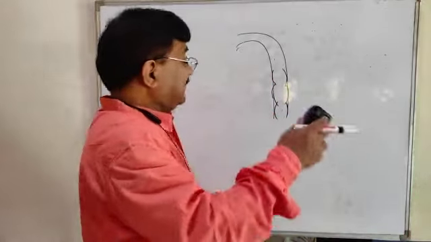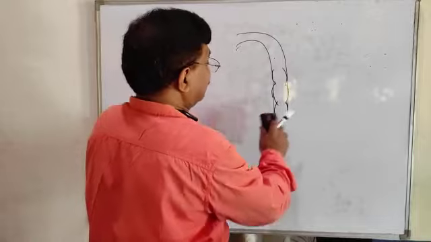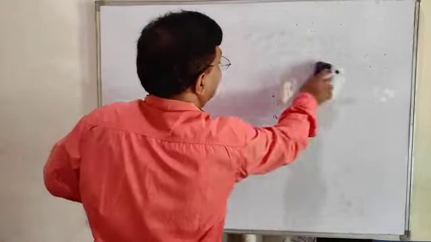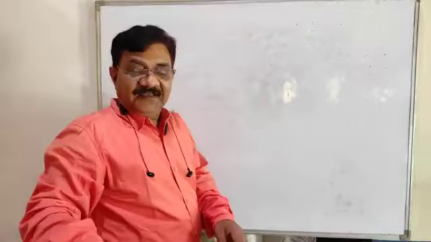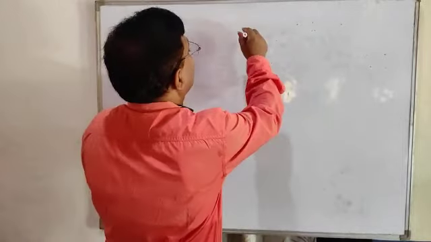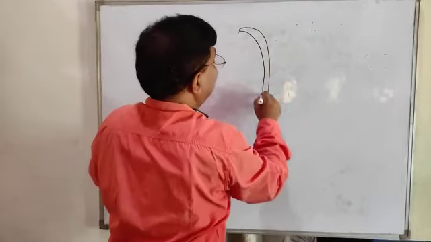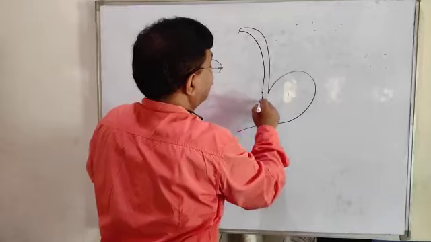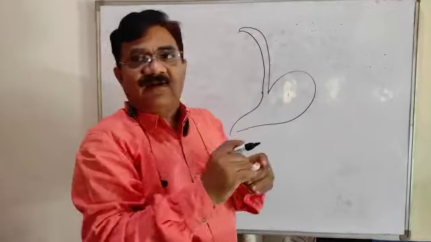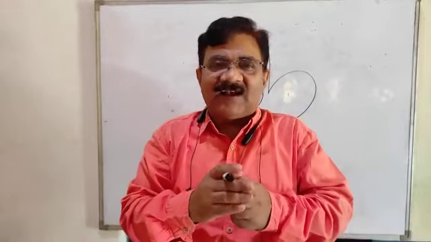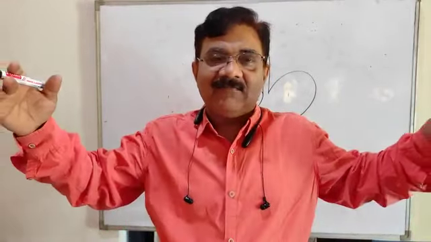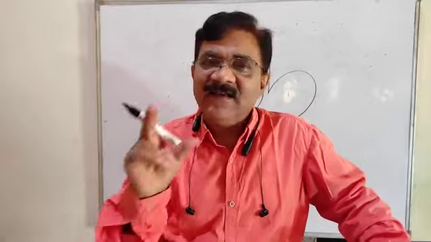Now, it is very interesting to know about the stomach. It is a J-shaped muscular body, and this is the stomach. If one eats more, it will expand. If one does not eat, it will contract.